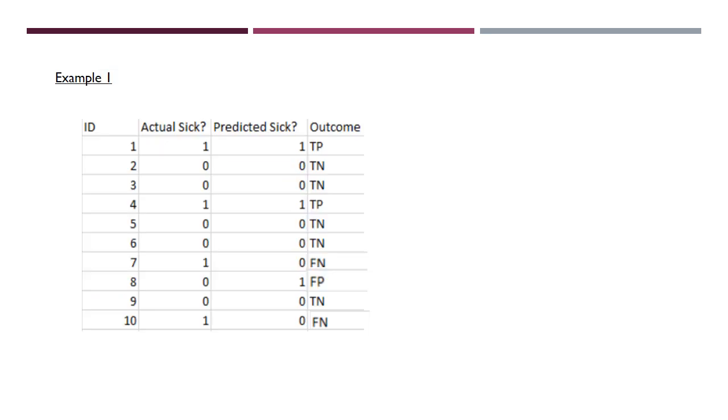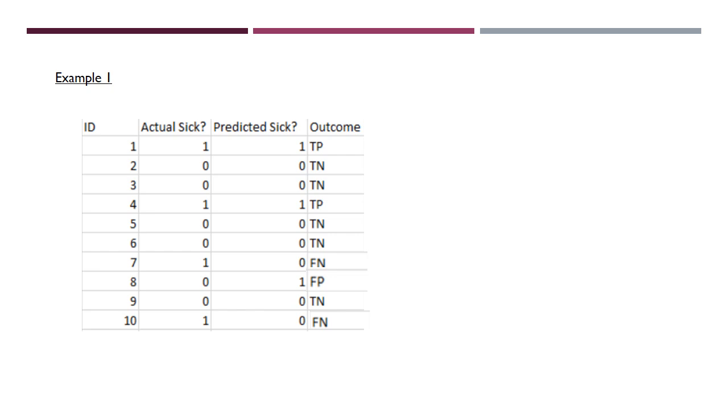So here is another example similar to what we discussed. We have two labels. One is the actual label and the other is the predicted label. So the first label is actual sick: whether the particular patient was sick or not, and what the model predicted.